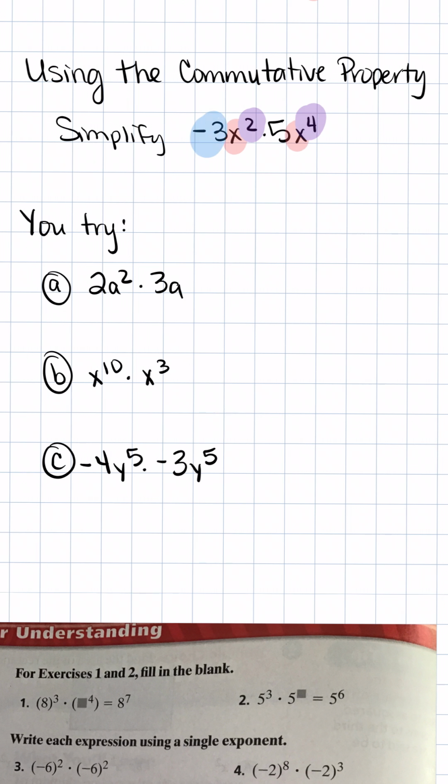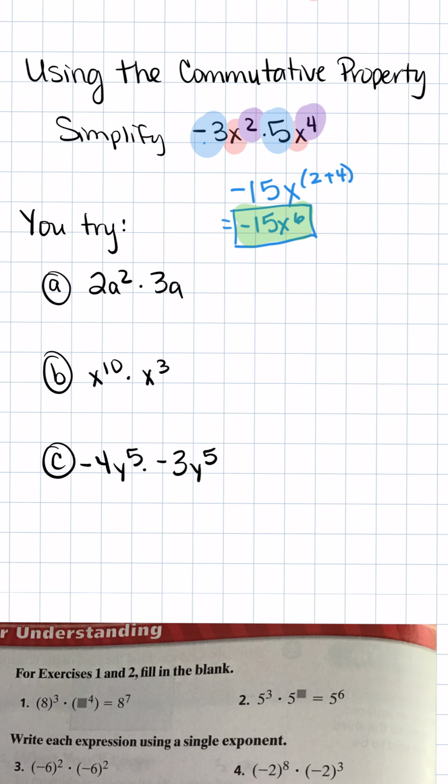But then down here, you're going to actually have to multiply those together. So -3 times 5 is -15. And then we have the x, and this is going to be 2 plus 4. When we add those together, we get 6. So our answer should be -15x to the 6th power. Okay.